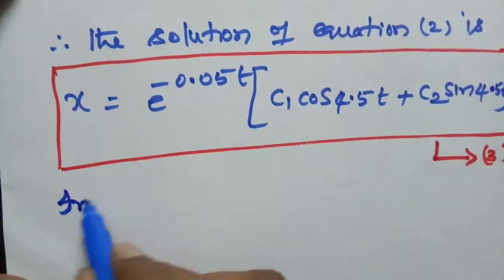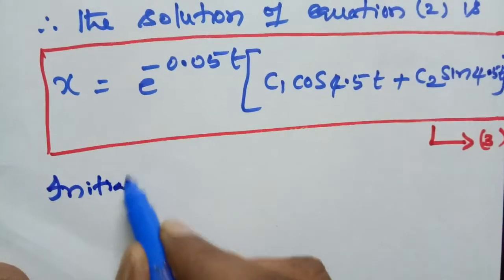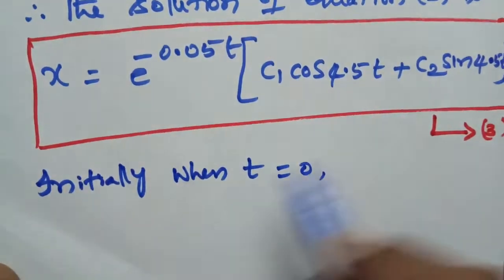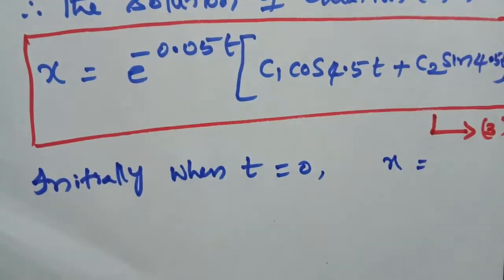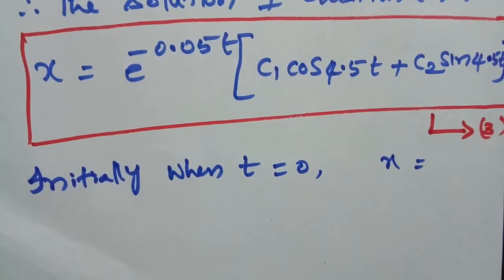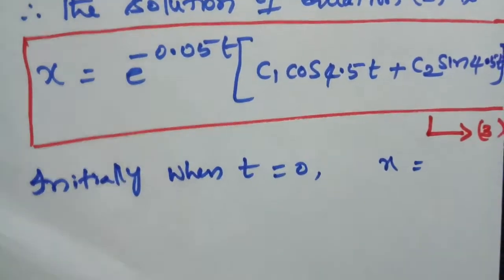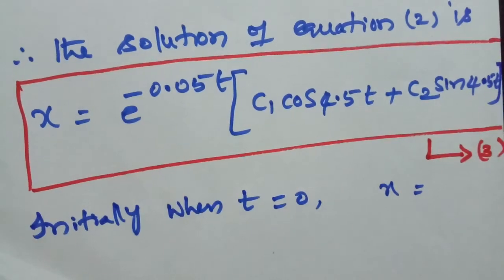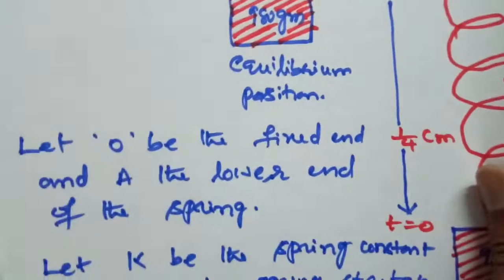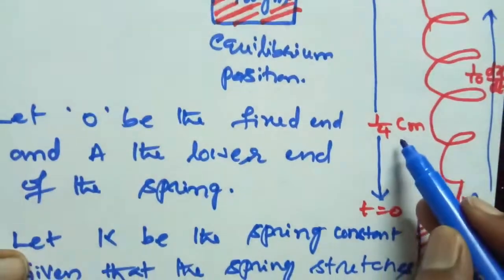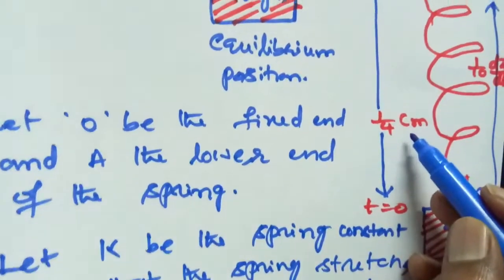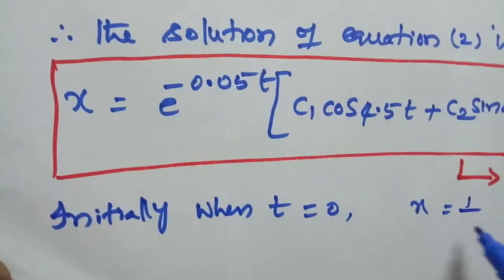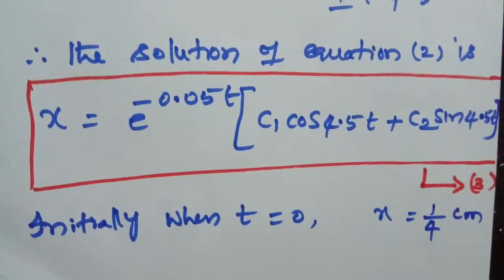Initially, when time t equal to 0, the displacement x, in the given problem the body is pulled down from its equilibrium position 1 by 4 centimeters at time t equal to 0. That is the initial displacement. Therefore x is equal to 1 by 4 centimeter.